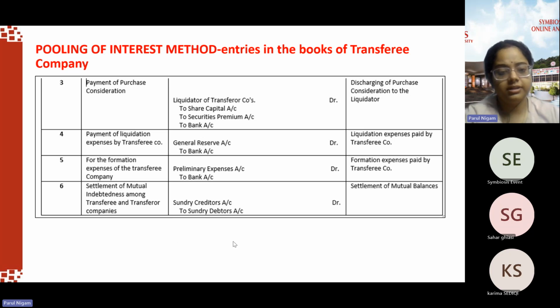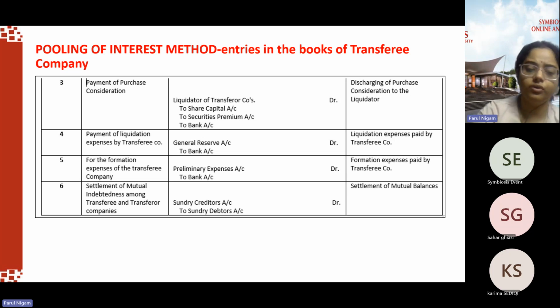So we have sundry creditors, we have sundry debtors. What is basically mutual indebtedness? For example, company A and company B are amalgamated. But in my books, company A is a debtor or a creditor. It can be either case.